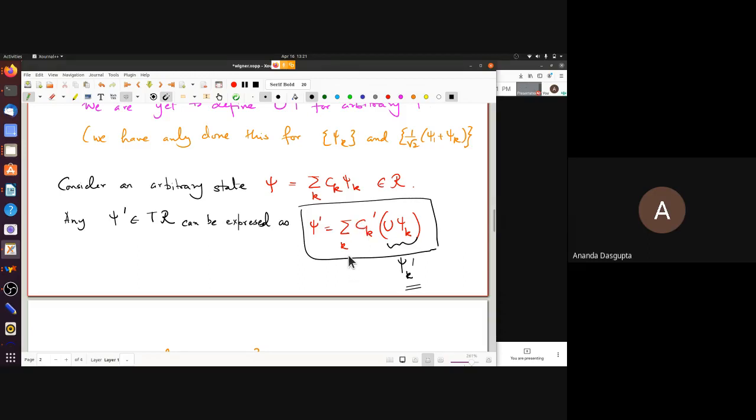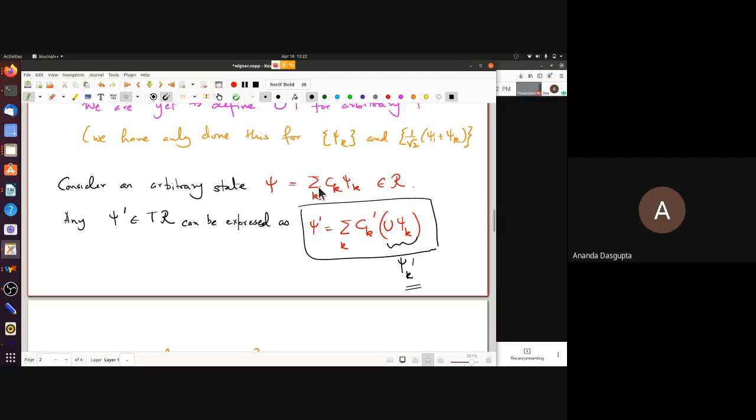Of course, if this were a linear operator, there would be nothing to say. This would be trivial. Except, actually, if this were a linear operator, I would have a ck here, not ck prime. This ck prime would all be equal to ck.